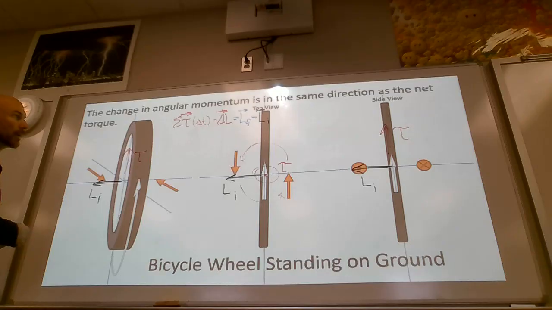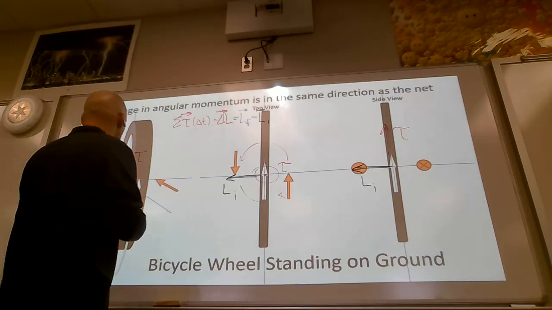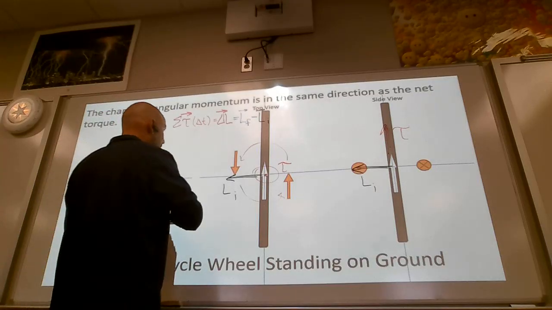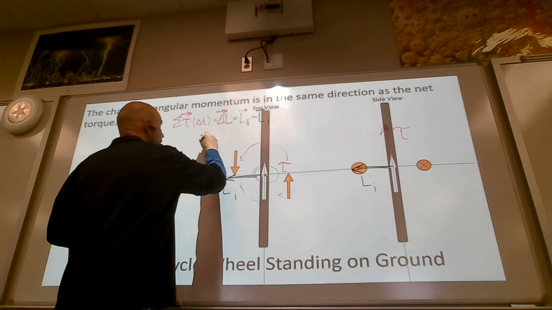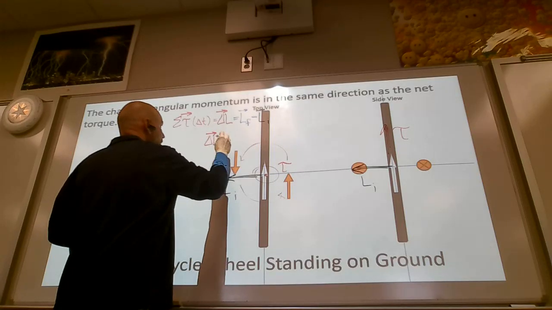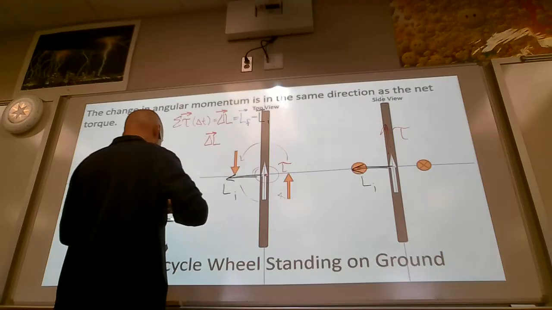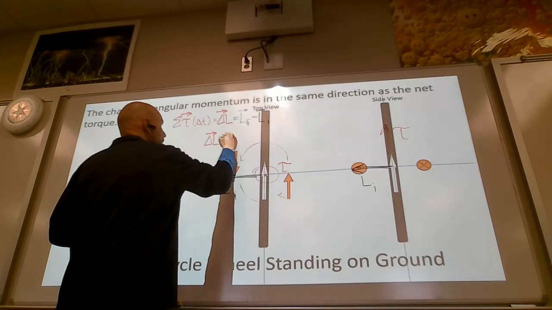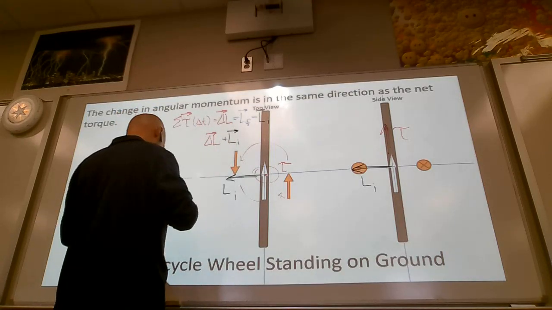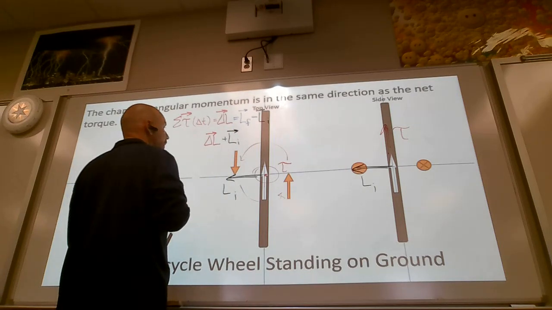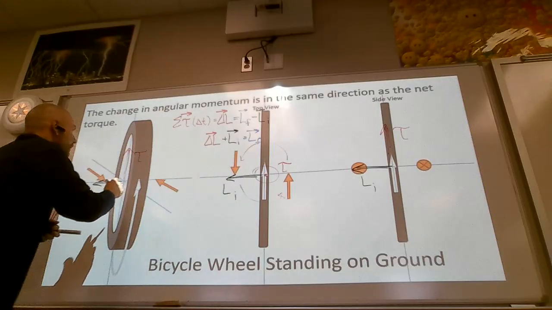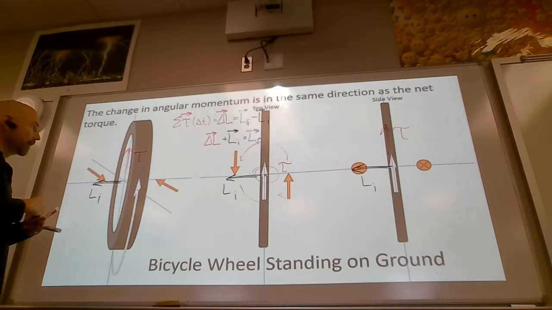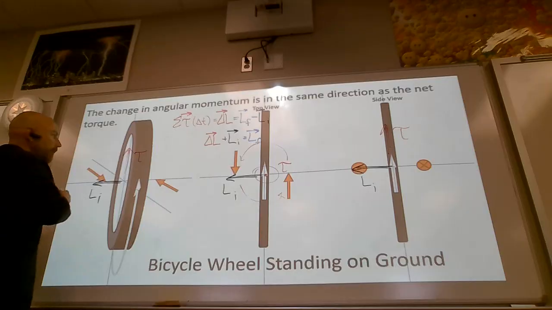So just looking at our directions here, the direction of the change in angular momentum is also this way.